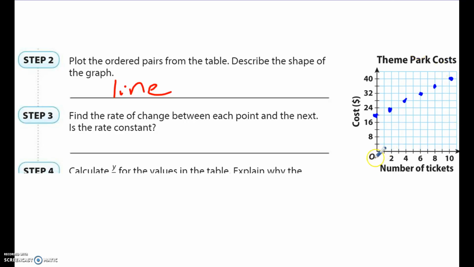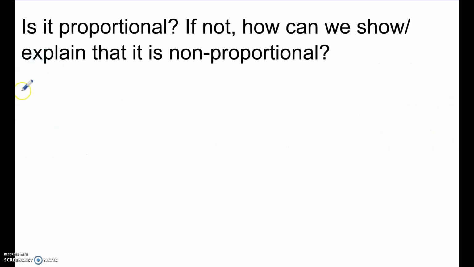Is the rate constant? We already decided that, yes, it is constant because my rate of change is really $2 per ticket. Rate of change is our slope. All right. And is it proportional?